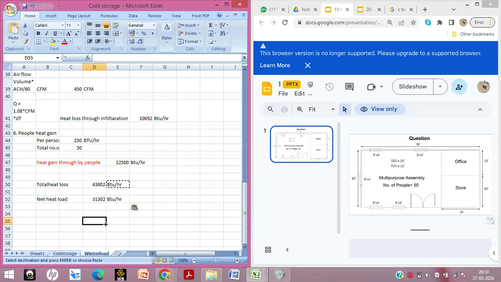We know that 1 BTU per hour equals, as per the unit conversion we already saw in the previous meet, 3412 kilowatt.